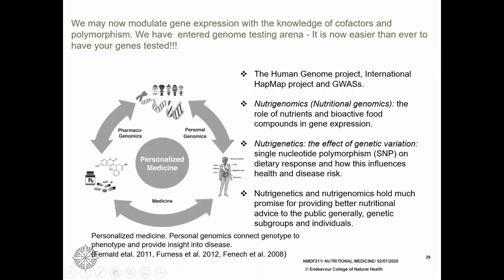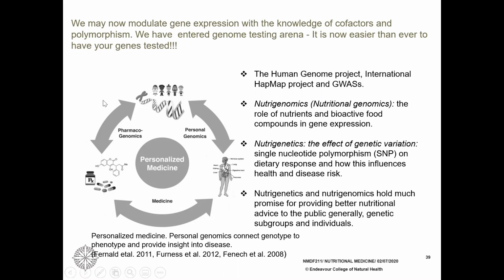Thanks, Nancy. There is now movement toward personalized medicine, individualized medicine, and what we say here is about a holistic approach, and there we can look at both nutrigenomics and nutrigenetics.